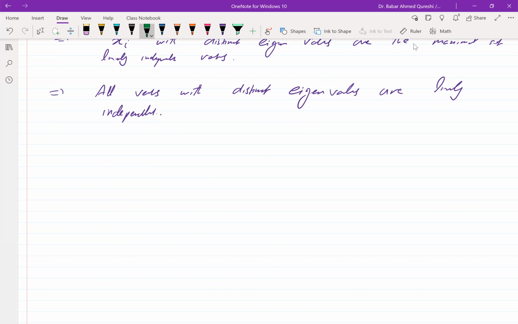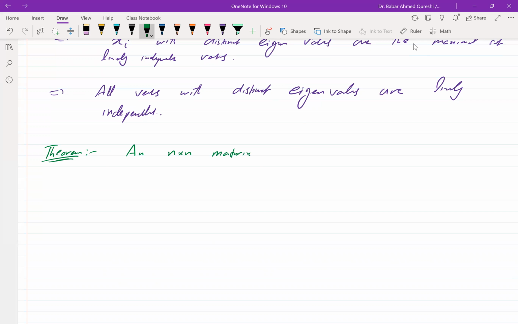But how does it help us in proving this theorem? So what is the theorem which I want to prove? At the start of the lecture, I explained what a diagonalizable matrix is. So the theorem is about this diagonalization existing, and it exists in a particular case.